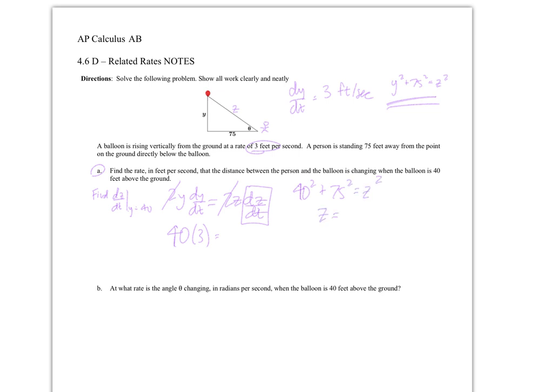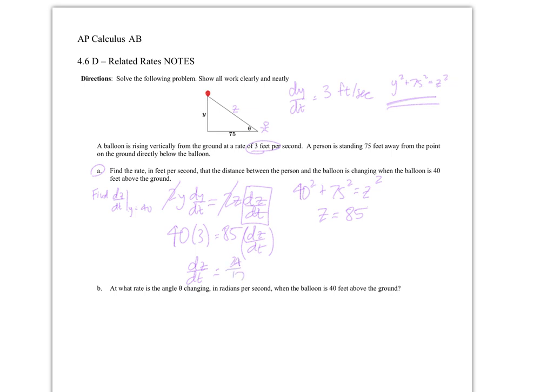If you grab a handy dandy calculator and compute this, you'll get that z is 85. So 85 times dz/dt. And solving this and reducing, I end up figuring out that dz/dt is 24 over 17.